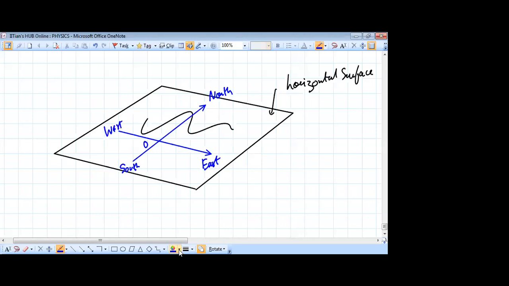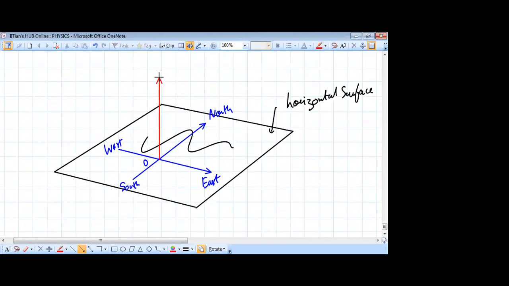So which is the vertical direction now in this? The vertical direction becomes this one. This is your vertical axis, which is perpendicular to both of these axes.